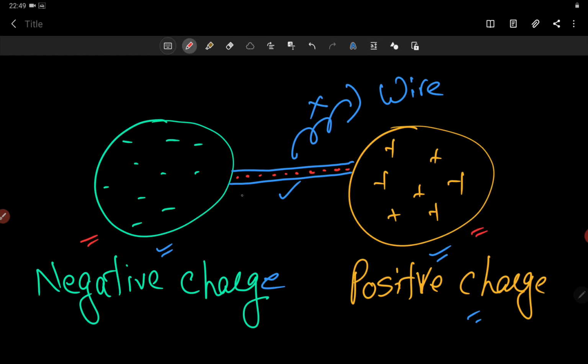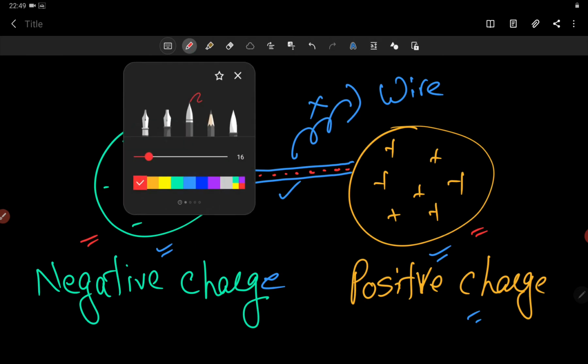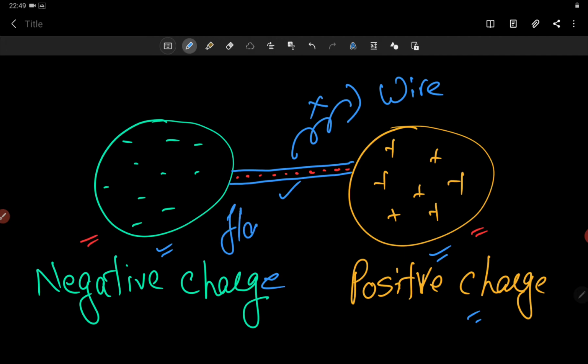So this flow of electrons makes electric current.